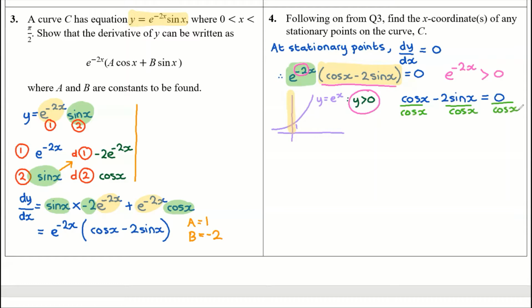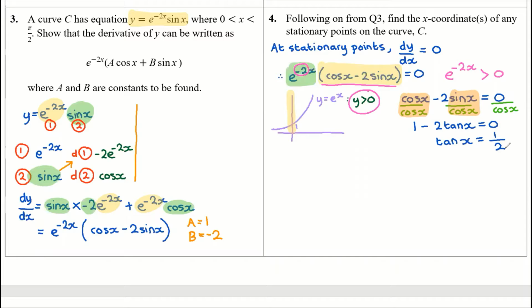Now, by dividing by cos x, this first term is just going to simplify to 1, and we use the identity, sine over cos is tan, for that term. So we can now rewrite this as 1 subtract 2 tan x is equal to 0. Rearrange it. So tan of x is going to equal 1/2.